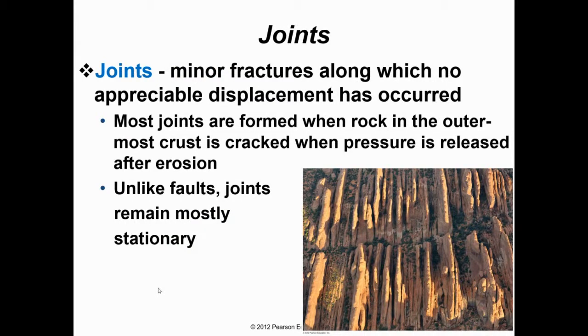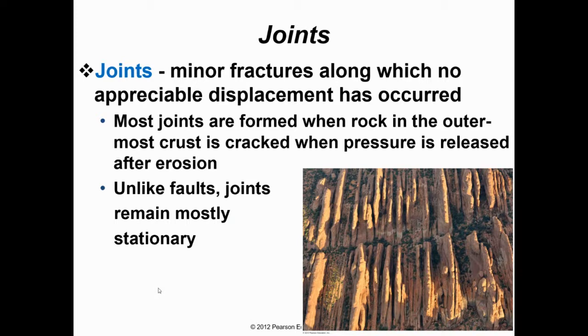So now let's look at joints. Joints are not faults. What a joint is basically just a small fracture or a crack that occurs in solid chunks of rock, and it could be for many different reasons.